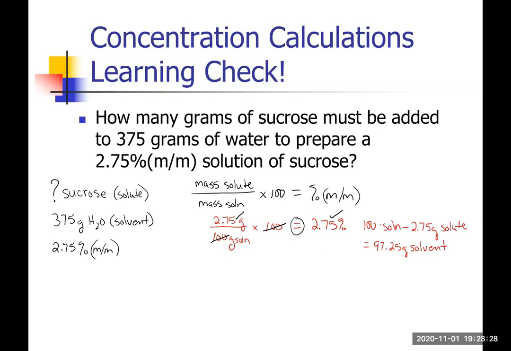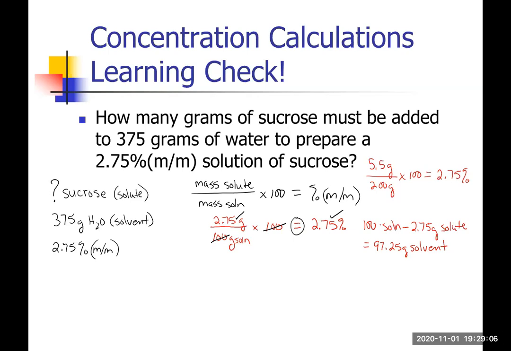I mean, if you think about it, we could have had 5.5 grams of solute over 200 grams of solution times 100. And if you do that math, you'll find out that that is a 2.75% by mass solution as well. And we could have had plenty others.